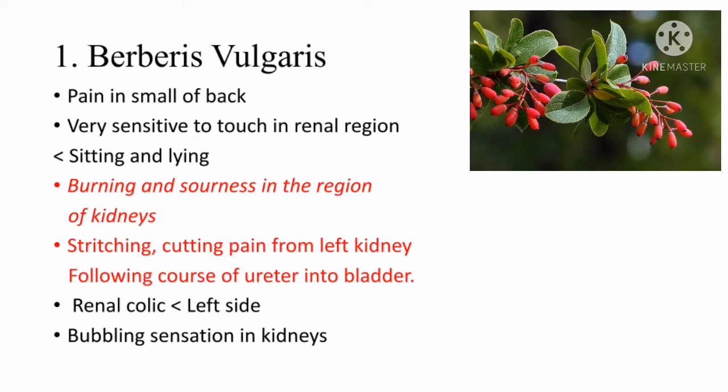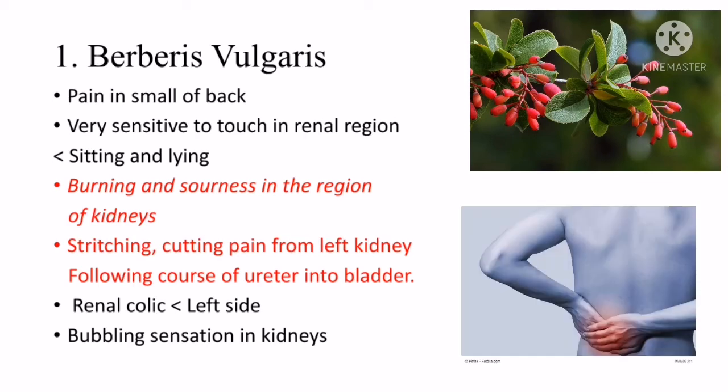The first point is that pain is very sensitive at the renal region, and it is aggravated when sitting and lying. At the same time, it is very sensitive to touch, and there is burning and soreness in the region of the kidney. When the patient urinates, there is a stitching and cutting pain in the left kidney, and pain starting from the course of the ureter into the bladder and the urethra, and a bubbling sensation in the kidney.